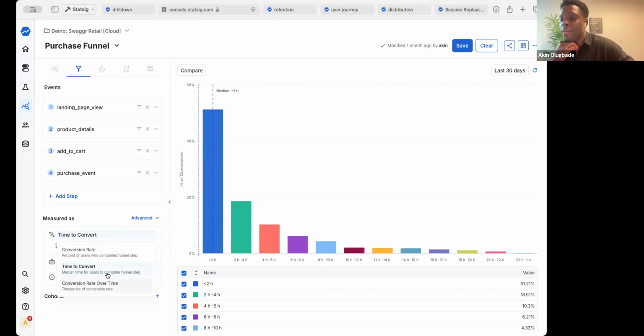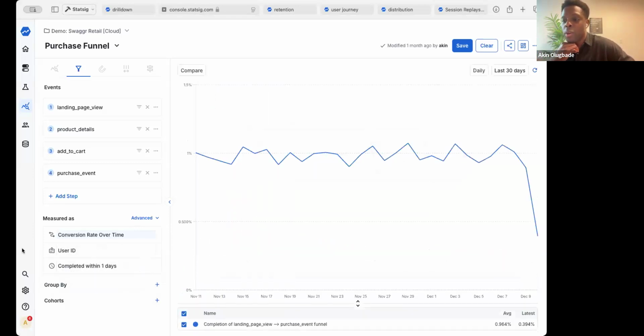And the last view that we have in funnels is the conversion rate over time. And this is really useful if you launch a change that you expect to change your conversion rate, and you want to verify that that's actually occurring, being able to look at the change in conversion rate over time is a really powerful way of doing that.